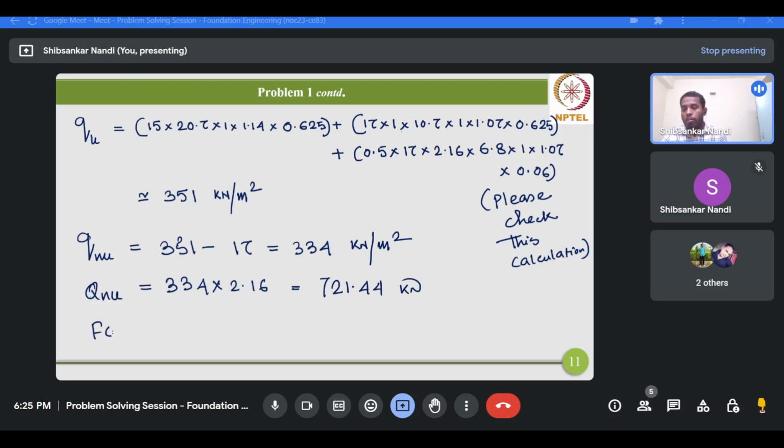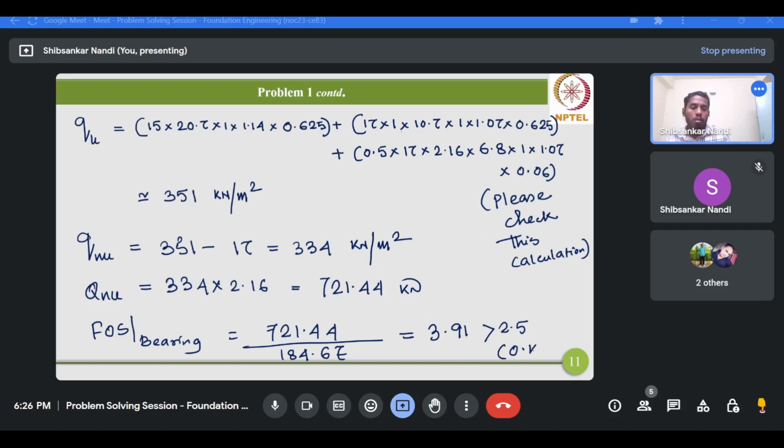So therefore factor of safety against bearing, this will be 721.44 divided by this is your 184.67, that is summation of FP. Okay, so 3.91 getting, and it's greater than 2.5. So that means okay.